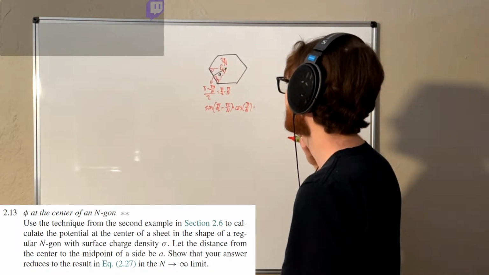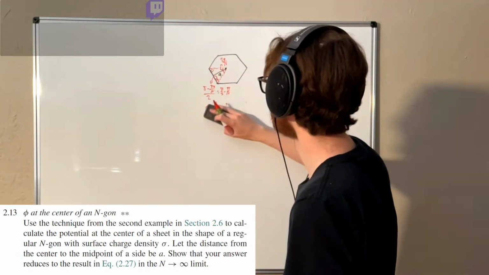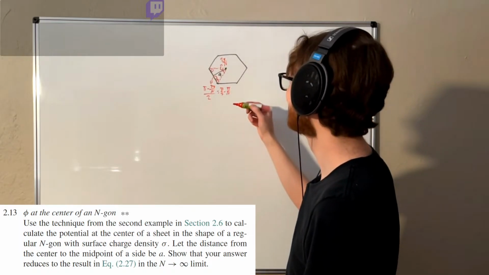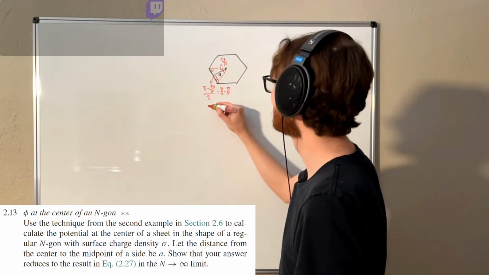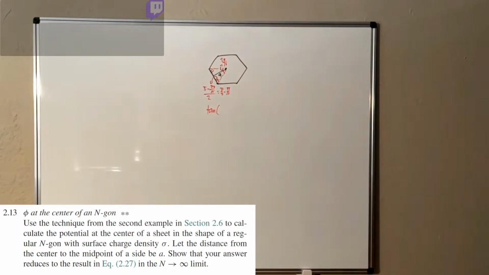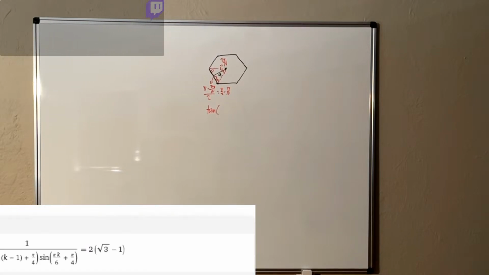Why am I taking sine? I want tangent. Is tangent of pi over 2 minus something helpful? It's equal to cotangent.